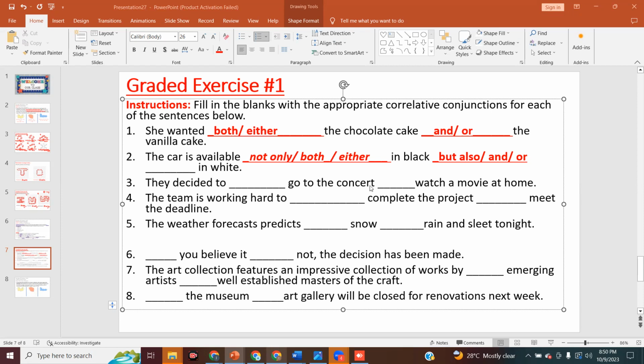They decided not only to go to the concert, but also watch a movie at home. Let me see if I made a mistake with what I wrote, because the two seems off.